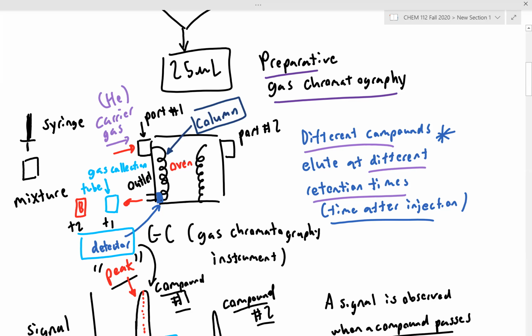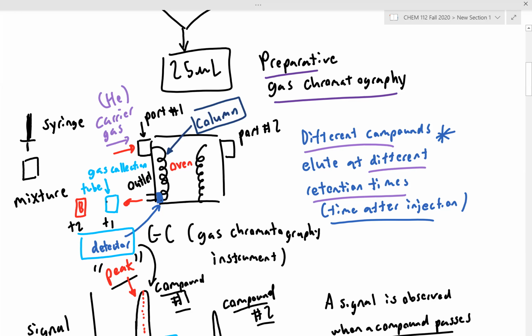After the compound passes through our column, it will eventually pass through a detector where we can measure and detect our compounds as they exit from the column, and then we can collect each of our two mixture components in a gas collection tube.